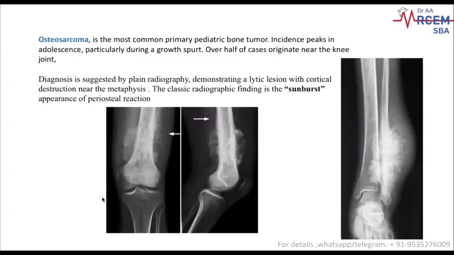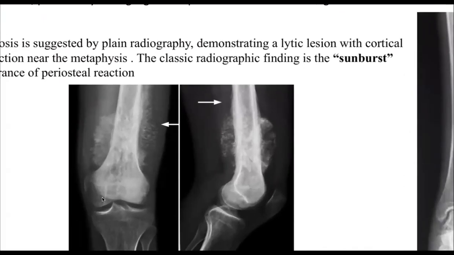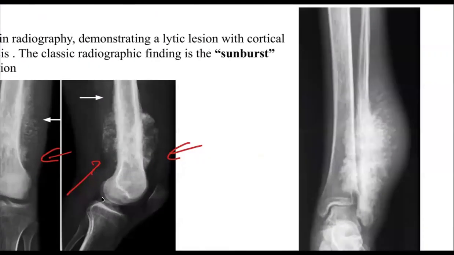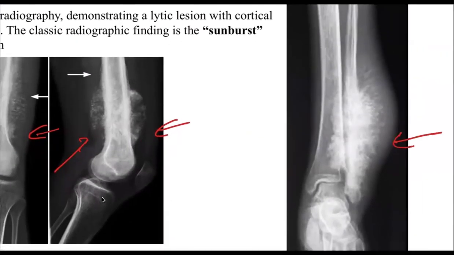Before we go into this, let's go into what is osteosarcoma. Osteosarcoma is one of the most common orthopedic tumors seen in the pediatric age group. They have a classical appearance known as sunburst appearance. Most commonly, the long bones are involved here.